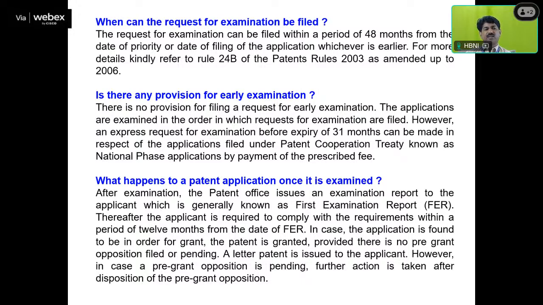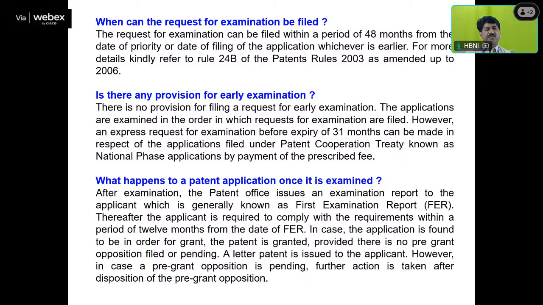So within that period, the request has to be sent. First, it has to be applied. Then within 48 months, the examination request has to be given. For more details, kindly refer to Rule 24B of the Patent Rules 2003 as amended in 2006. There are certain rules, and how and when the details are available there.